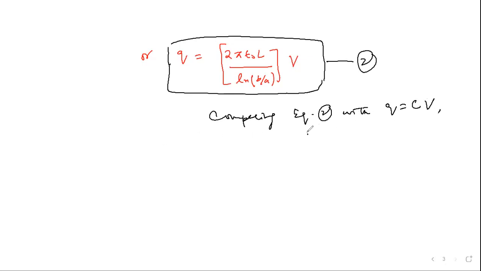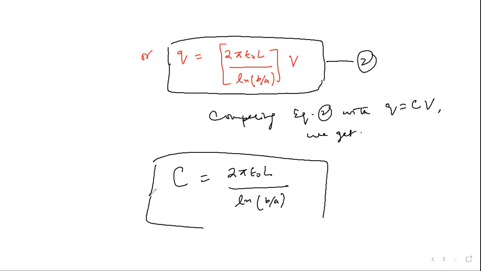We get C is 2 pi epsilon naught L over natural logarithm of b by a, times this, only this. This is my expression, right? 2 pi epsilon naught L over ln b by a.